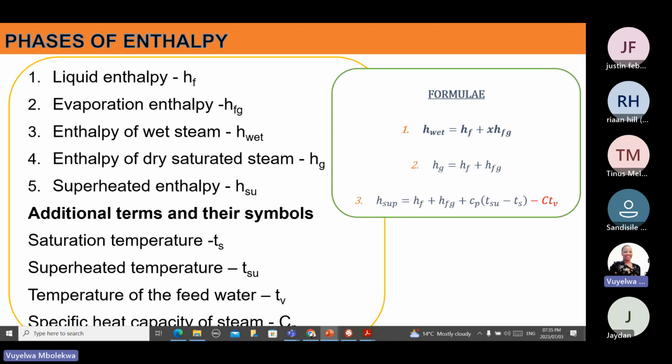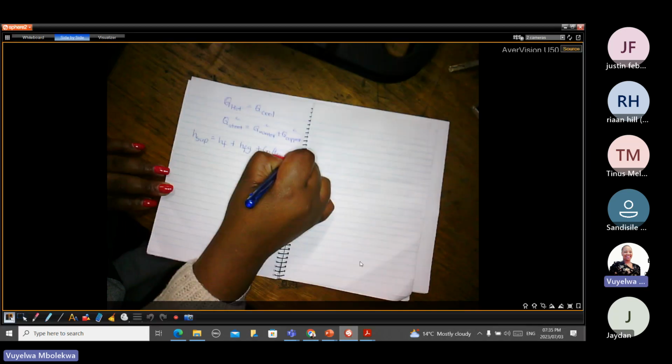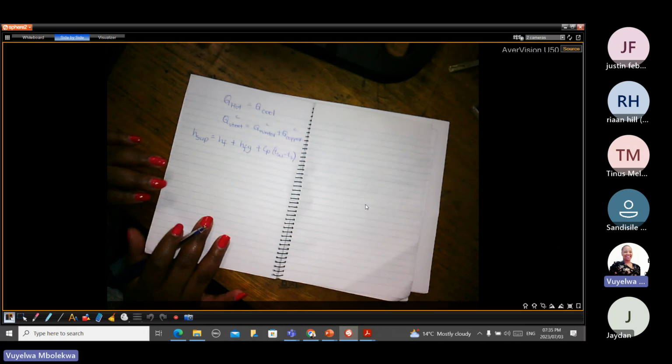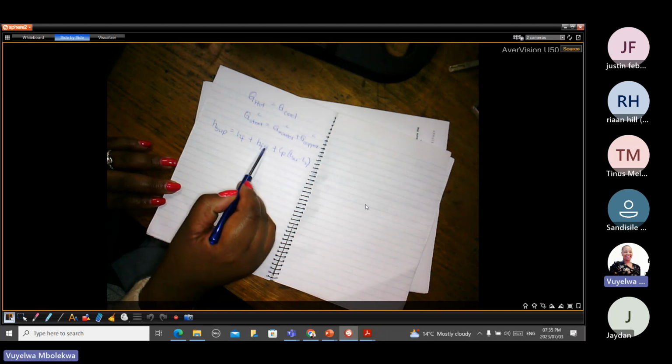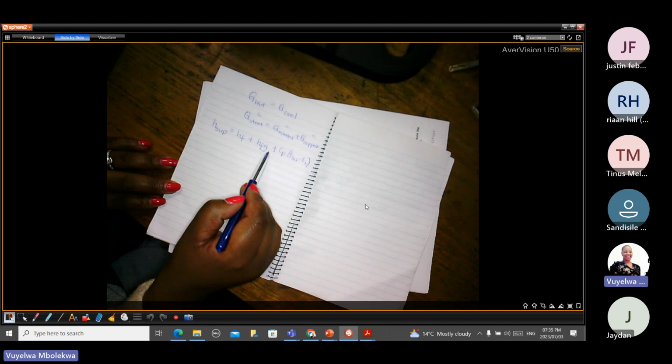Plus Cp times (Tsu minus Ts). So what is happening here? That's the formula you have. Superheated enthalpy is Hf plus Hfg plus Cp.